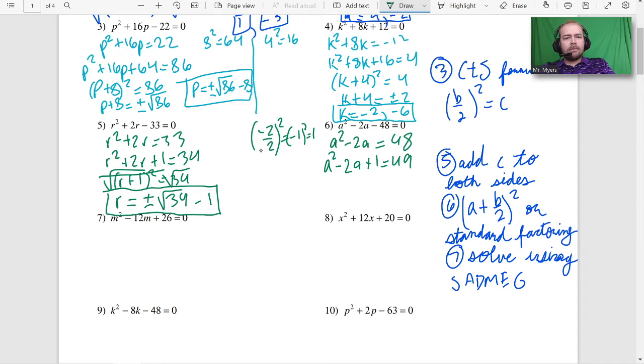Step 4. Step 5. Oh, sorry. Step 5 was right here. Oh yeah, because there was no step 4. Okay, so step 4 was step 5. Step 6 is what I just did.